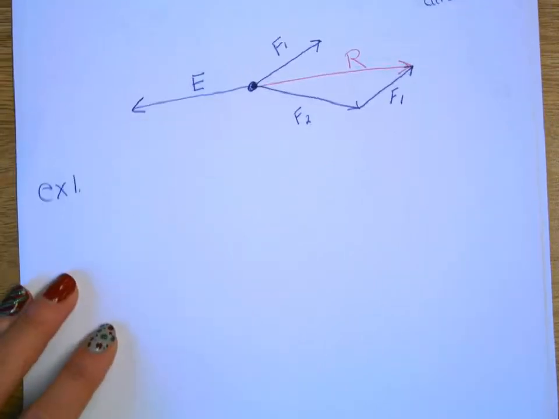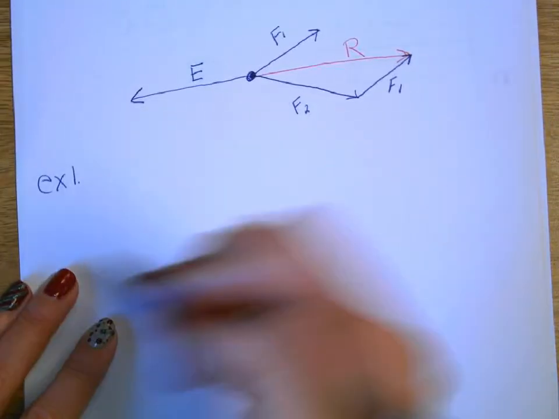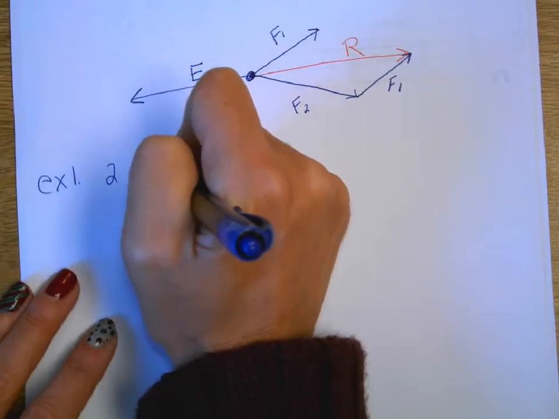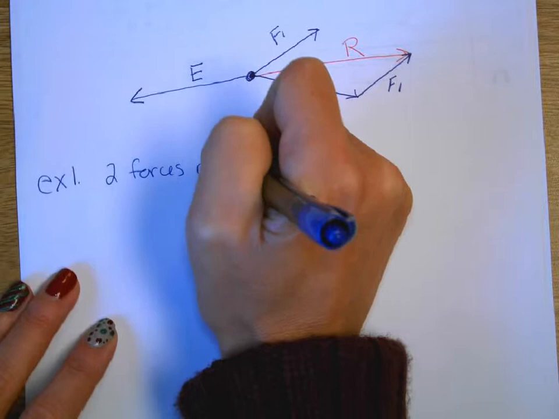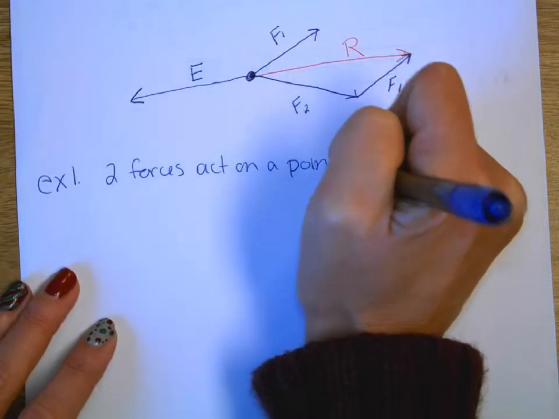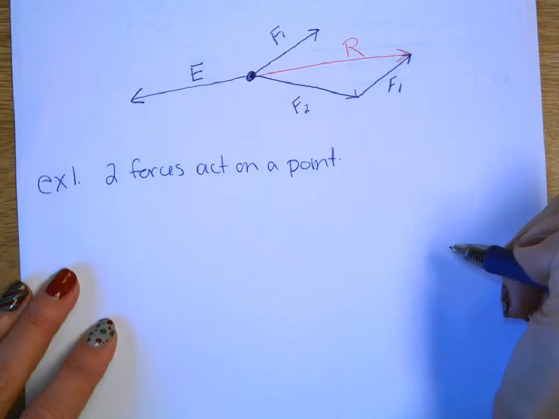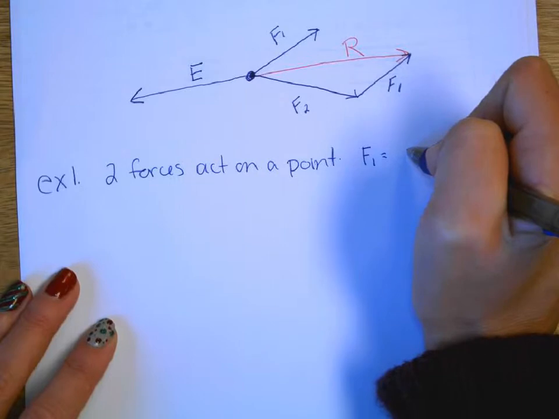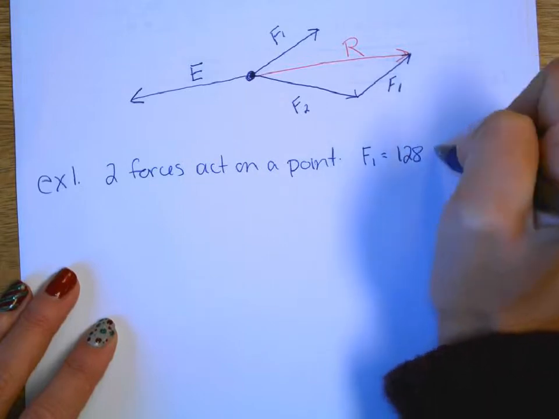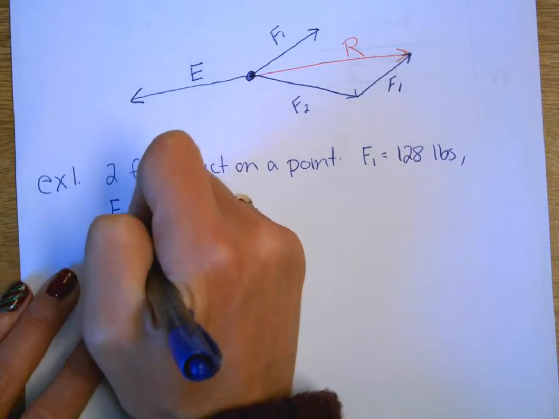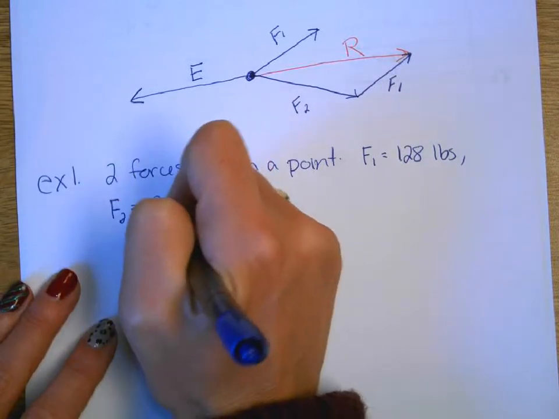Okay, I'll just write this first one out and then we'll wait for everybody to catch up. We've got two forces acting on a point. Force 1 has 128 pounds of force. Force 2, 253 pounds.